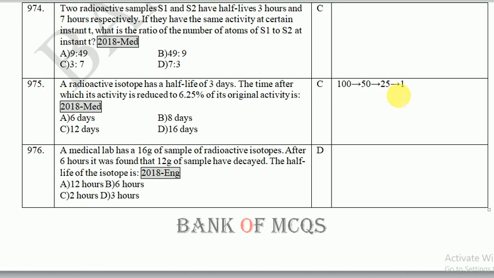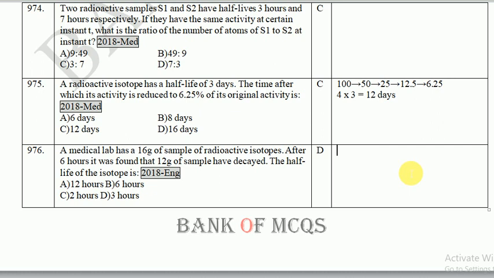In the next decay the remaining substance will be 12.5. After that the substance will be 6.25. So how many decays occurred? 1, 2, 3, 4. Four decays occurred. One decay occurs in 3 days. So 4 multiplied by 3 is equal to 12 days.